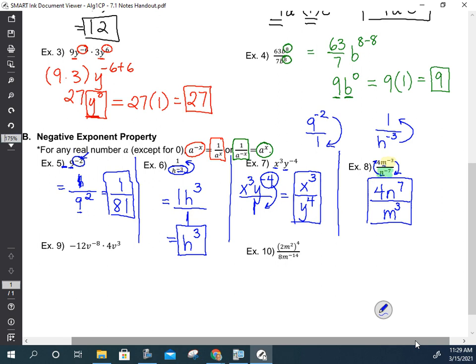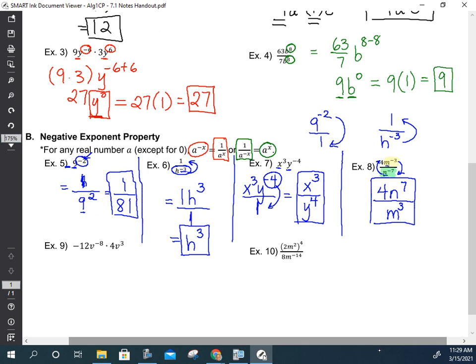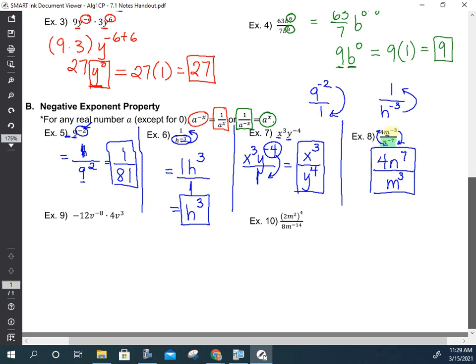Keep this train moving. About 15 more seconds. All right, keep the train moving.